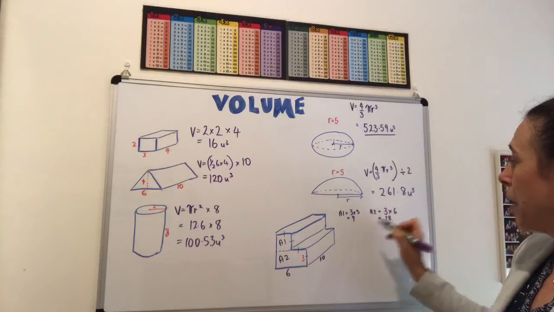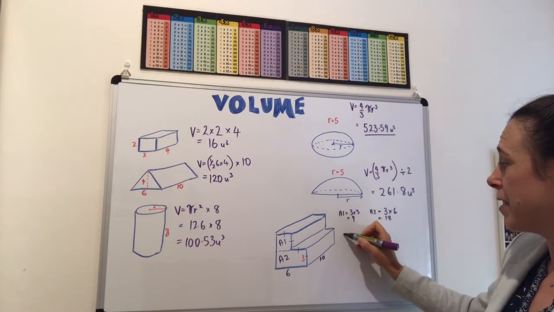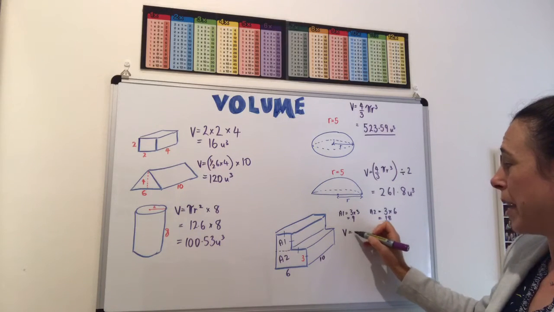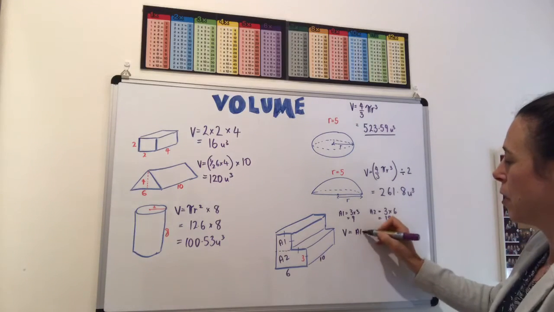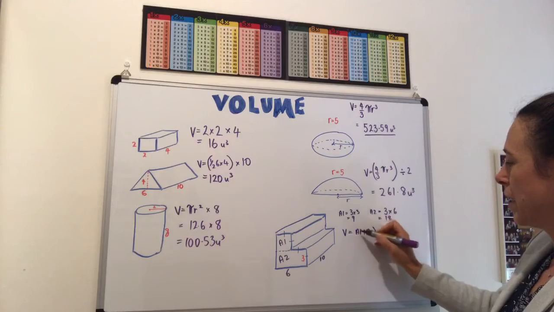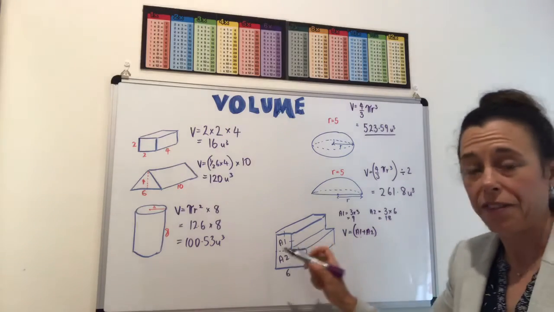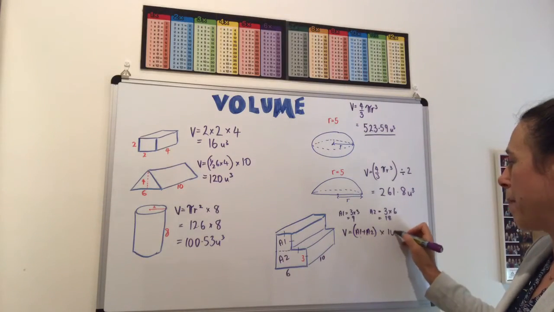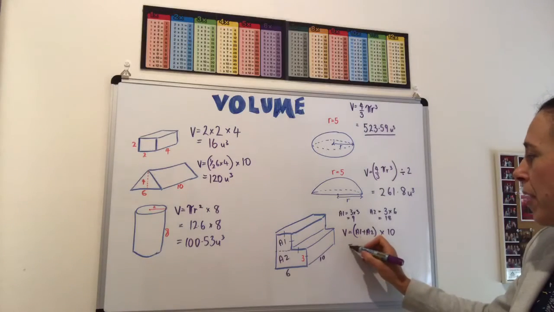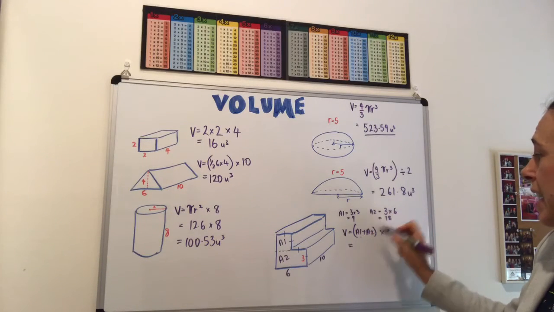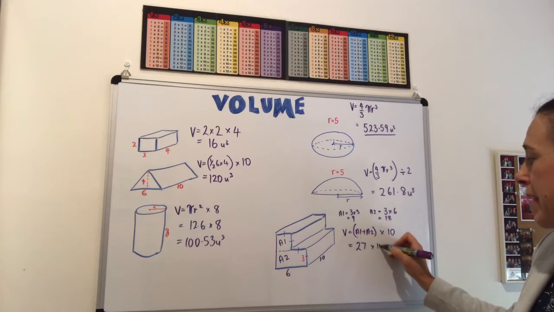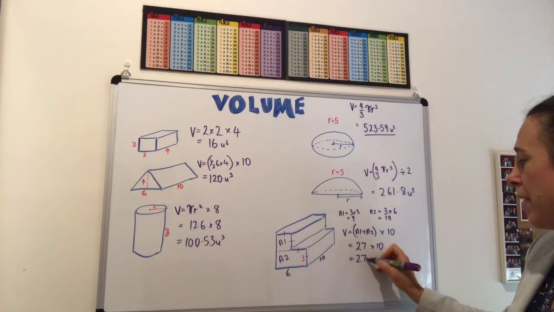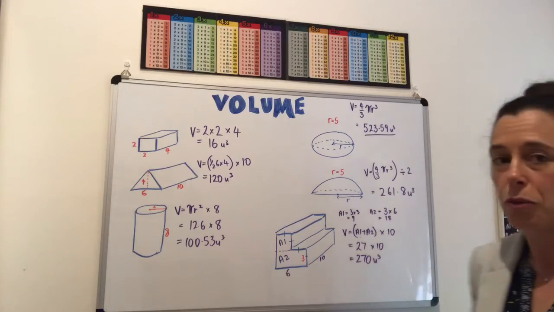So our volume is going to be equal to A1 plus A2, so that would give us the total area of that end. Then we're going to multiply that by 10 to give us the volume. Okay, so 9 and 18 gives us 27, times by 10 will give us 270 units cubed.